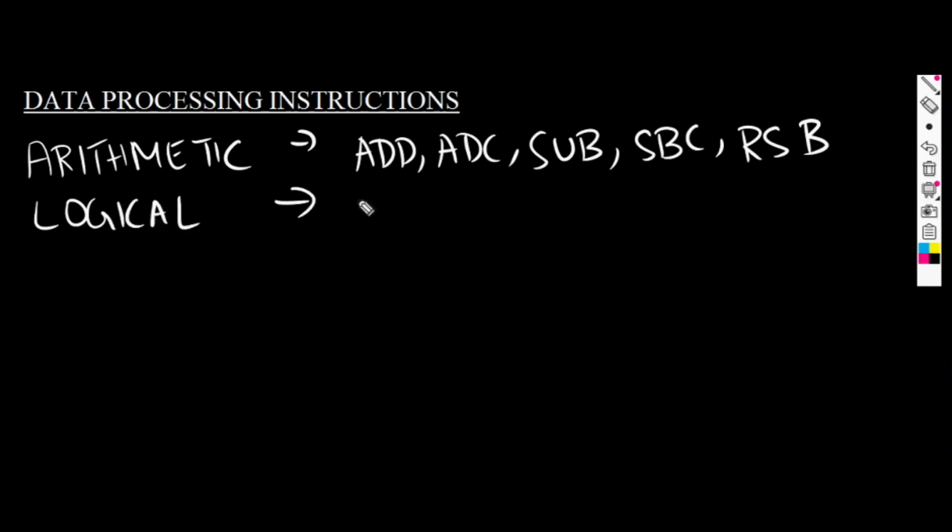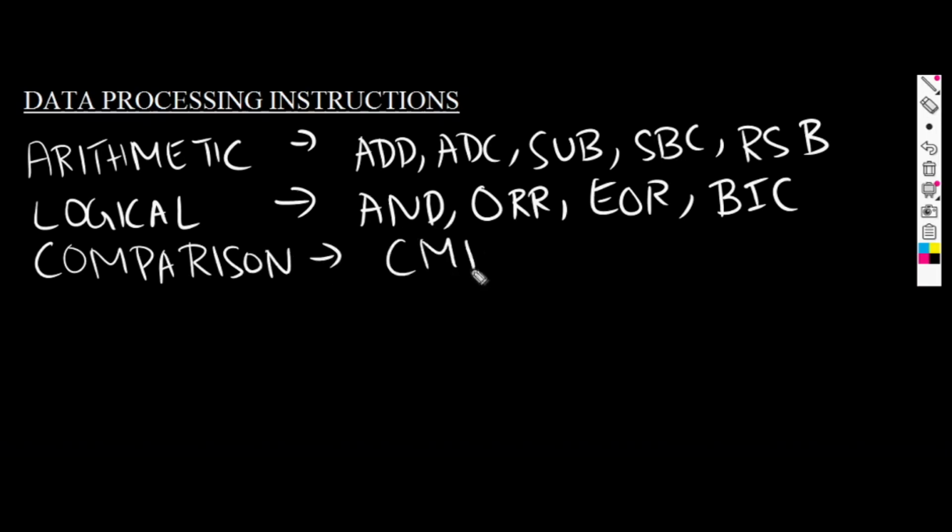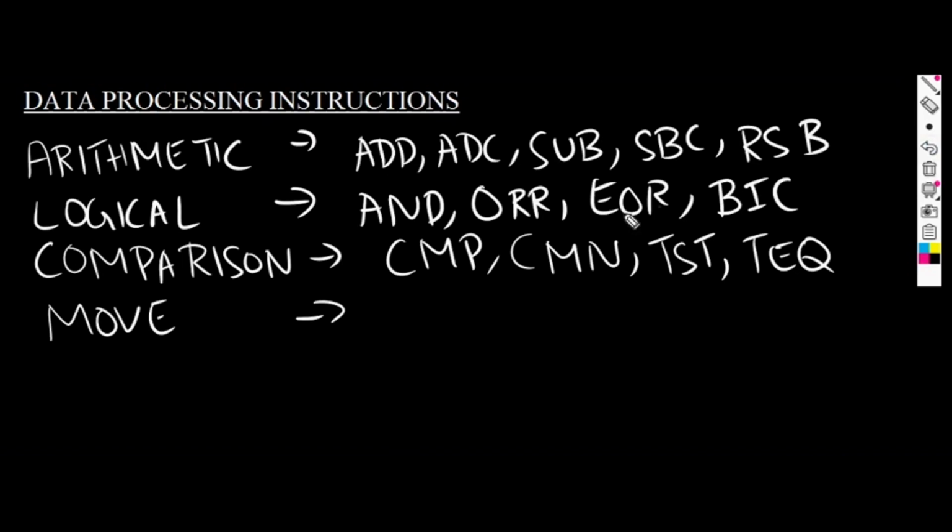Okay, next we have logical instructions. Examples for that could be bitwise AND, bitwise OR, exclusive OR, and bit clear. Next we have comparison, and examples for that could be compare, compare negative, test and test equivalence.